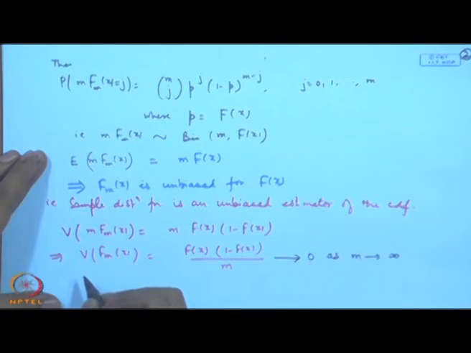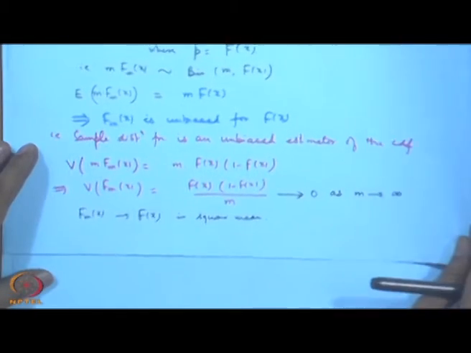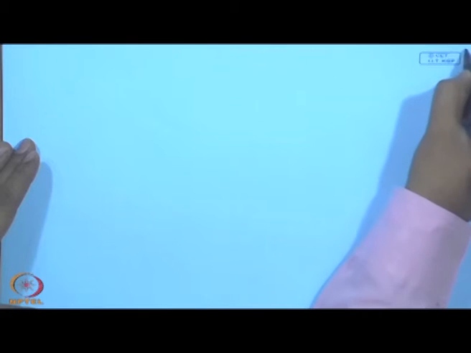So, we also have that F_m(x) converges to F(x) in square mean. In square mean, this convergence will be there, and also since it is unbiased and the variance is going to 0, this is also becoming consistent here.